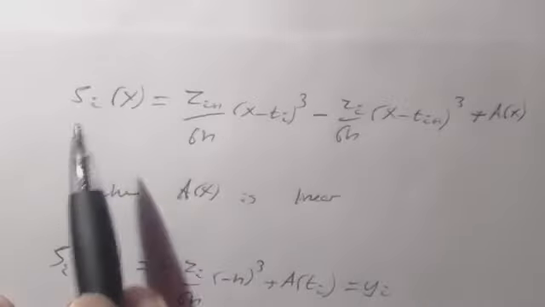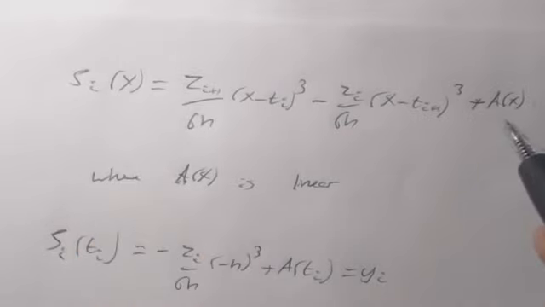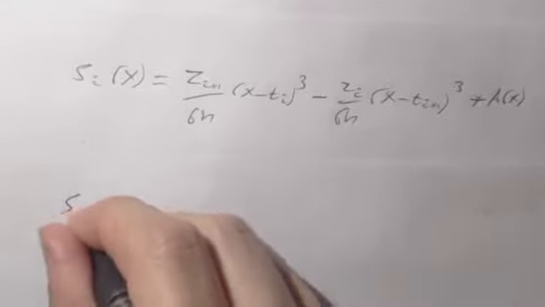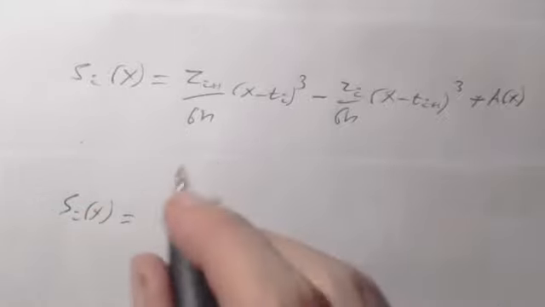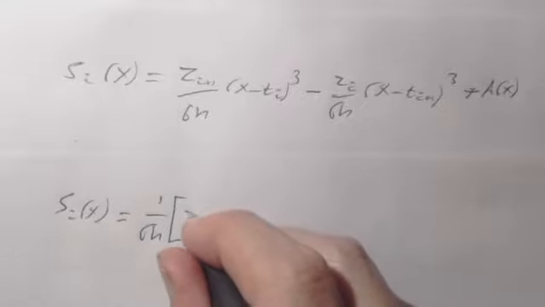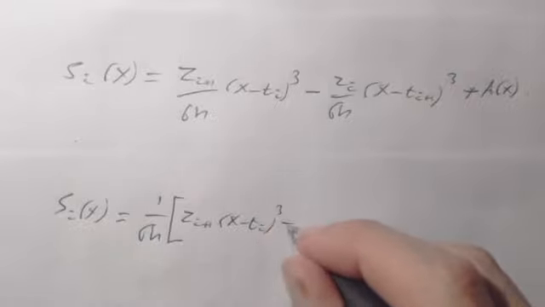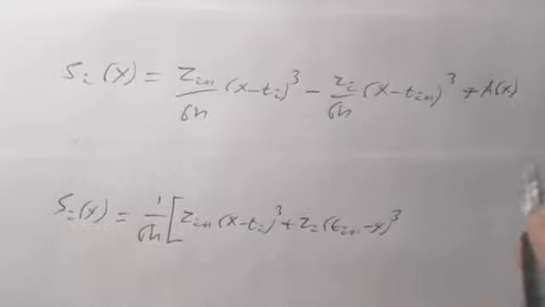So we had s x is equal to this thing, and we know what a x is now. So plugging all that together, s x equals, let's take the 1 over 6h out because that's the form they had it in, so 1 over 6h zi plus 1 x minus ti cubed plus zi ti plus 1 minus x cubed plus a x.